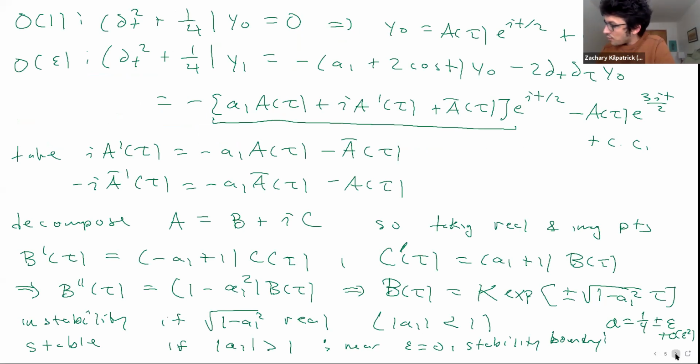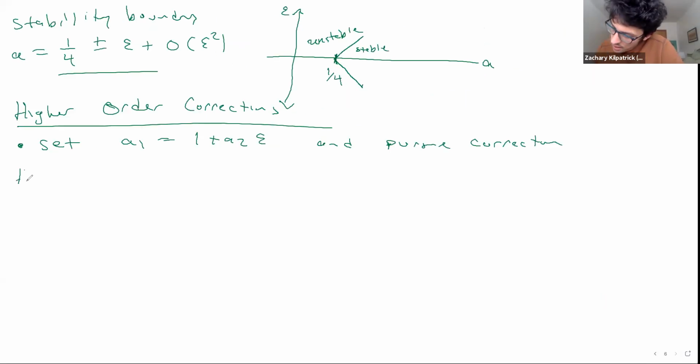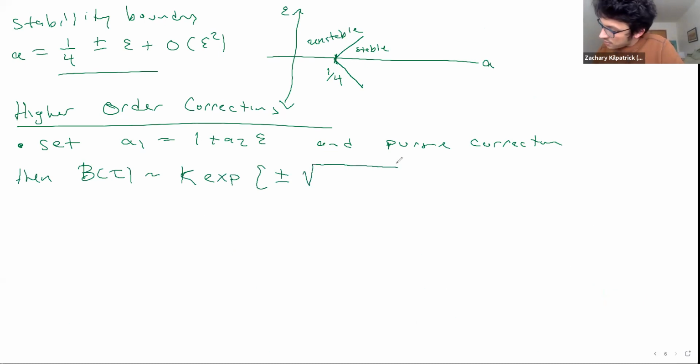In this case, if I just plug this in to my amplitude formula up here, then what I find is that B of tau is given by K exp of plus or minus the square root of minus 2A2 epsilon, if I only expand to first order in epsilon for that polynomial, times tau.